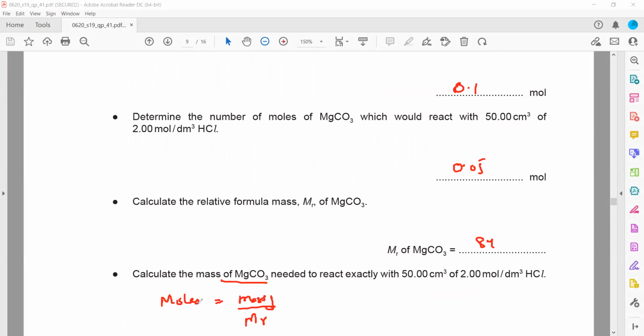Moles we have, which are 0.05. Mass in gram we want to find, and the molar mass was 84. So 84 is divided, on the other side it will be multiplied. So 0.05 multiplied by 84 will give us 4.2 grams. So 4.2 grams of magnesium carbonate is actually used in this reaction.